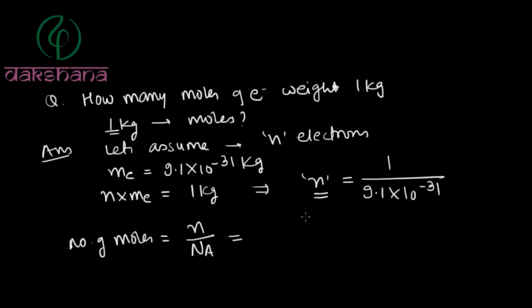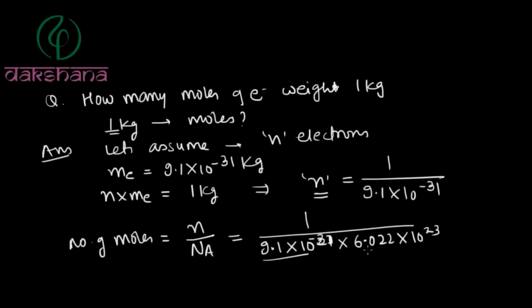So this will be equal to 1 by 9.1 into 10 to the power minus 31, divided by 6.022 into 10 to the power 23. So basically 1 divided by the mass of 1 electron, divided by Na. So this is the number of moles of electrons in 1 kg. Okay, so that's it. Thank you.